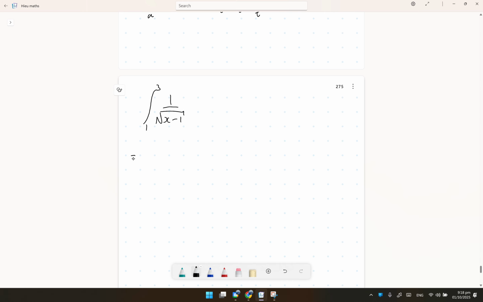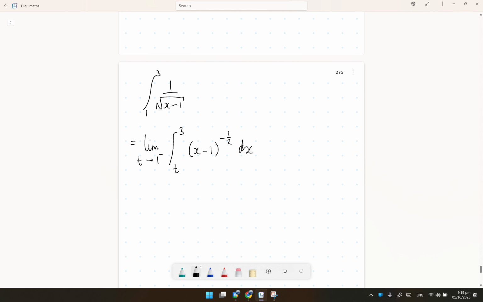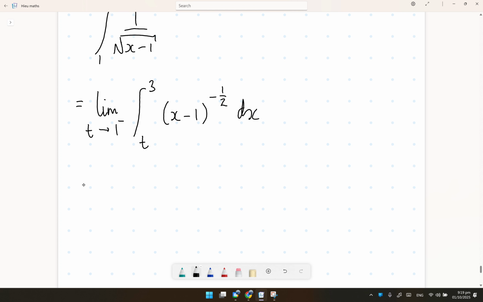Simple. We set it up just like we did before with type 1 improper integrals: the limit as t goes to 1 from the positive side of the integral from t to 3 of x minus 1 to the power of minus 1/2. It's just a simple process of doing the integration.